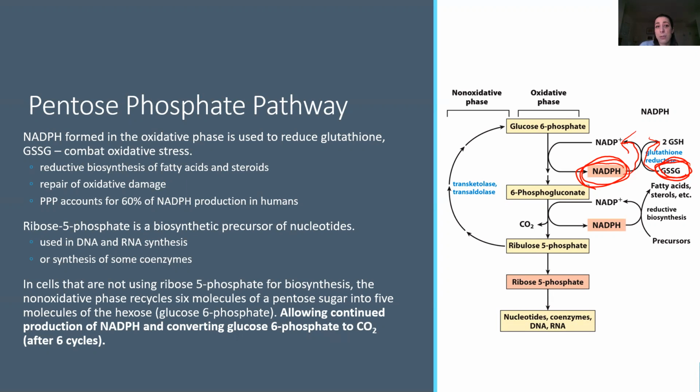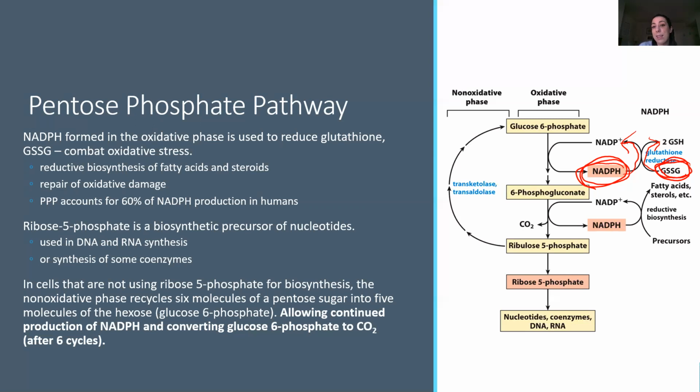This pathway in general is one of the main producers of NADPH, and so it is extremely important for that aspect. The aspect of oxidative stress, we will rely on this pentose phosphate pathway. Another big reason to make NADPH is its involvement in fatty acids.